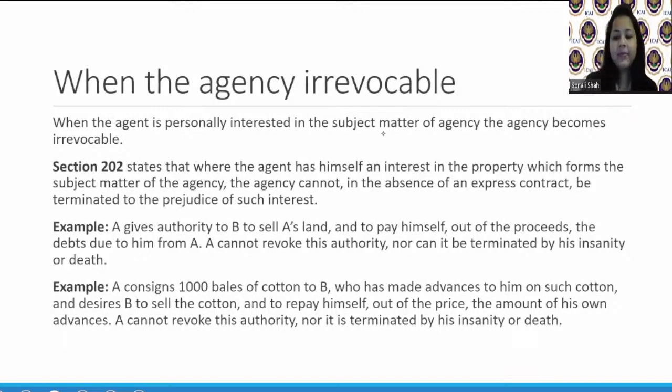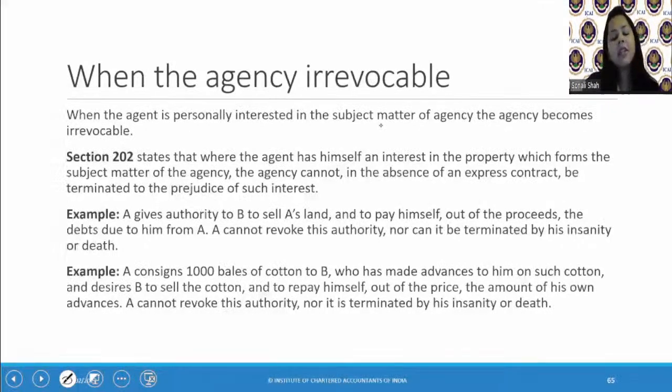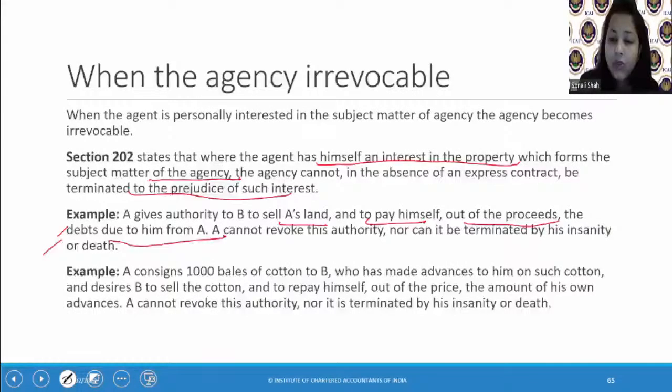Okay, so there can be situations where the agent has been given authority over land to pay off a debt. Now, what has happened? The agent has a direct interest in the debt. It is the agent who is liable to receive the payment. So in this case, the authority cannot be revoked to prejudice such interest, until and unless, so there is an exception to it, the terms of the contract expressly provide for termination of agency.